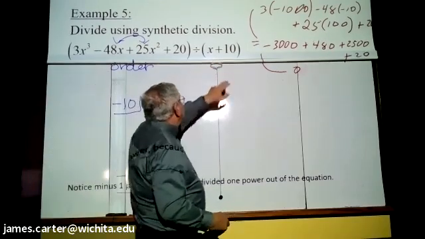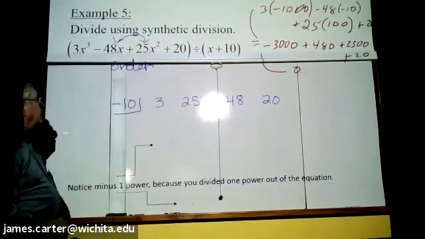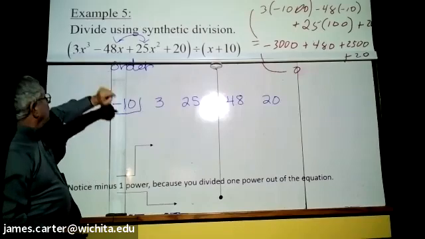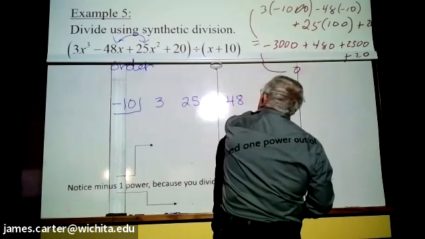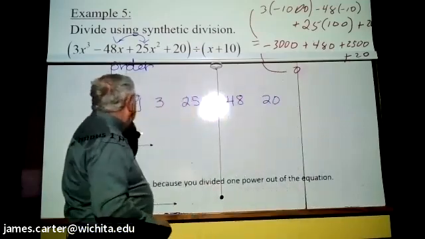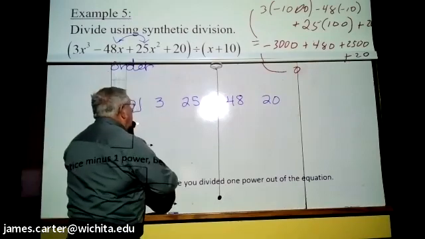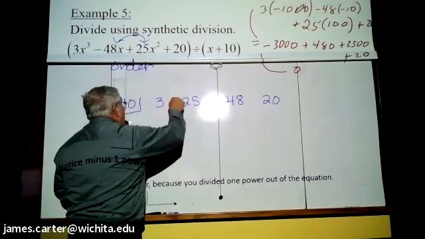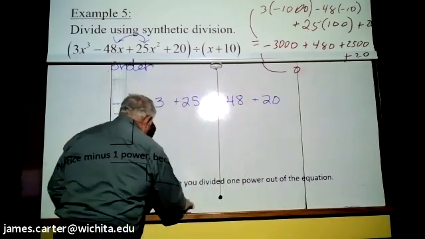My factor is plus 10, so my root is minus 10. Here's my 3, my 25, my 48, negative 48, and my 20. I always like to put the positives on these just as an error prevention thing.